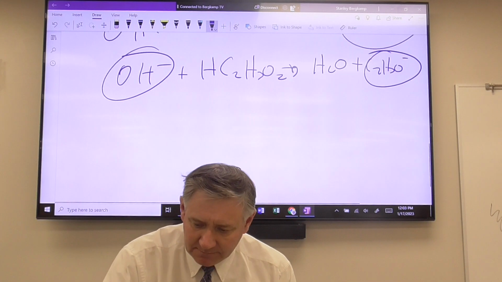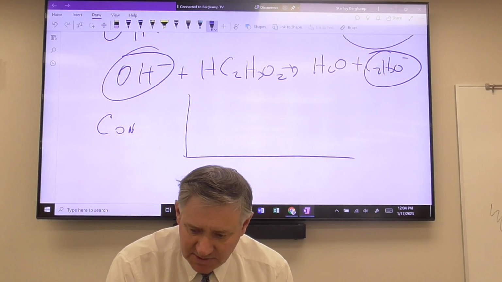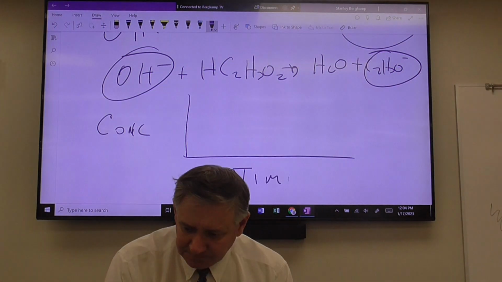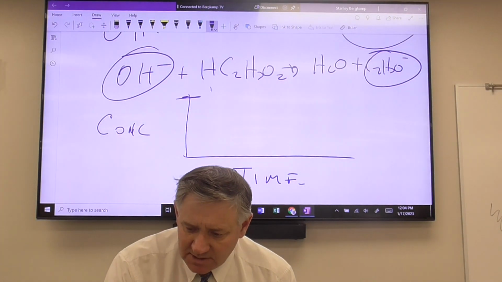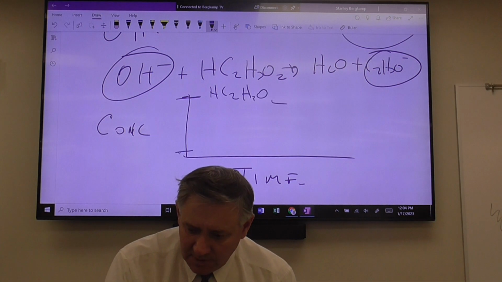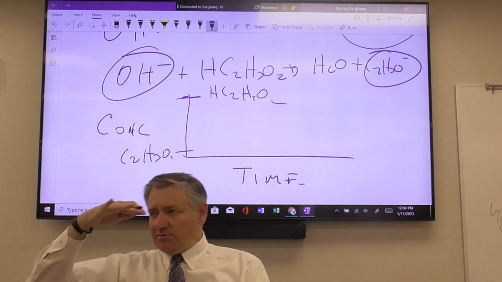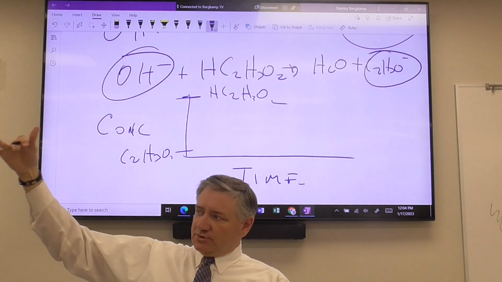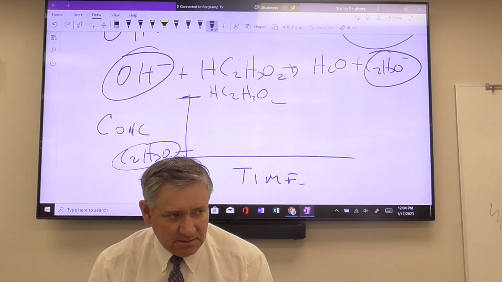So what's going to happen is that if you were to look at concentration versus time, I want to look at 2 different things. We're going to look at the concentration of the acid itself, okay? And we're going to look at the concentration of the anion, okay? So as this reaction progresses, as you add more and more hydroxide, what's going to happen to the concentration of the anions?